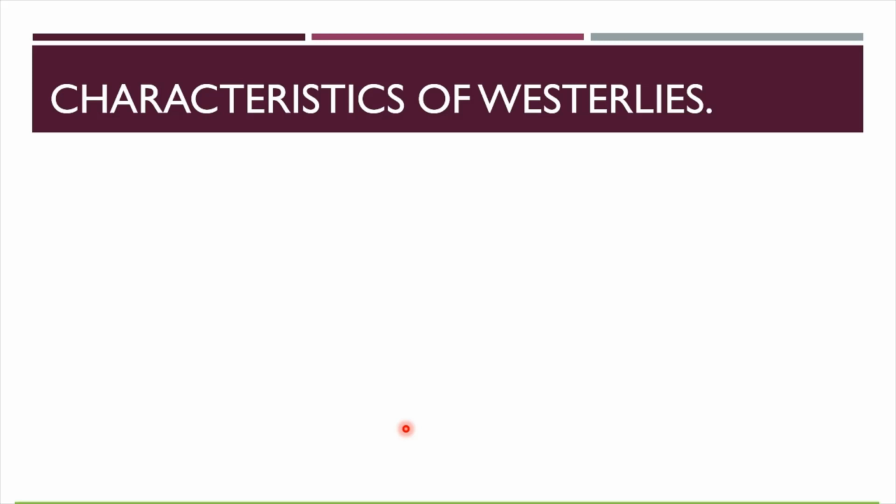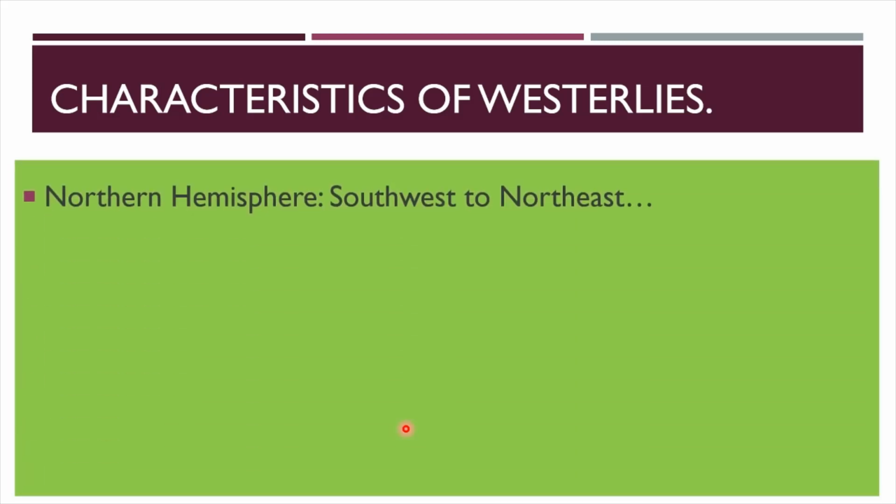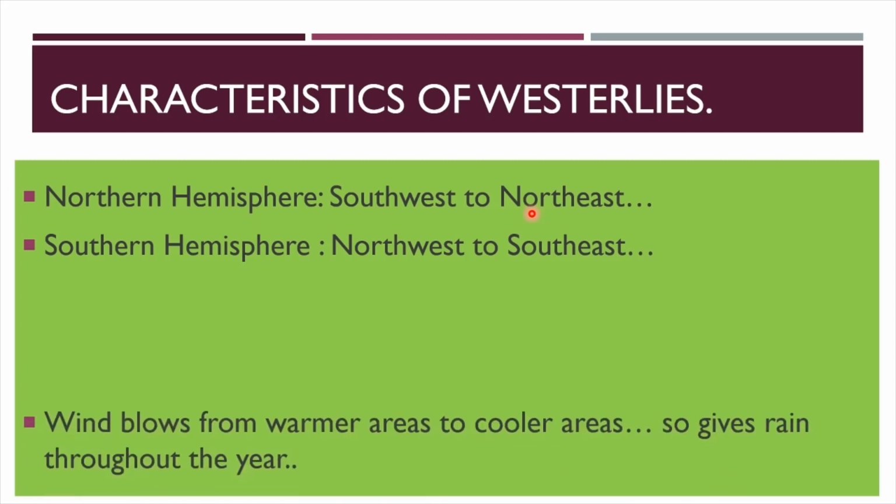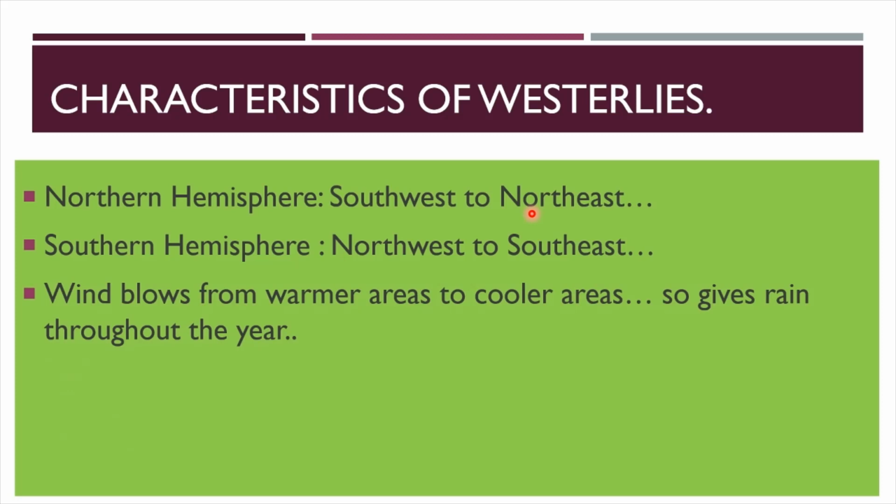We will be discussing the characteristics of westerlies. In the northern hemisphere, I told you, it goes from southwest to northeast. We already learned, seen in the diagram. In the southern hemisphere, it comes from northwest to southeast. Wind blows from warmer areas to cooler areas, so it gives rain throughout the year.